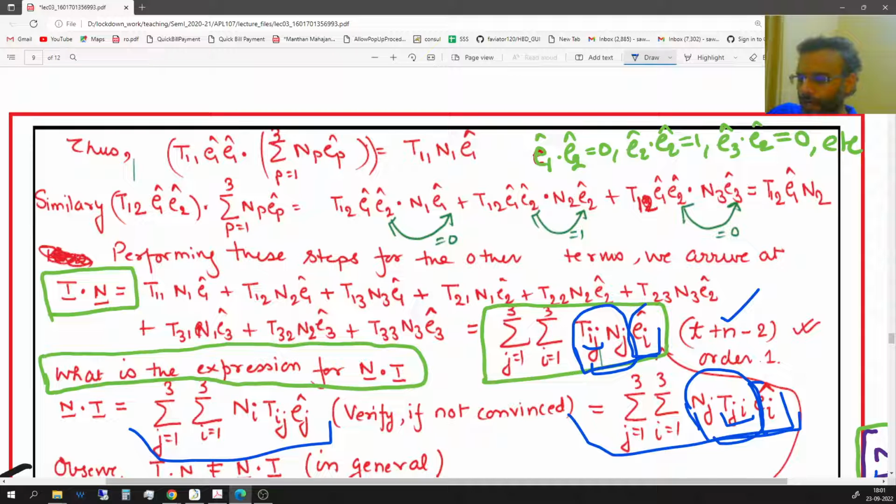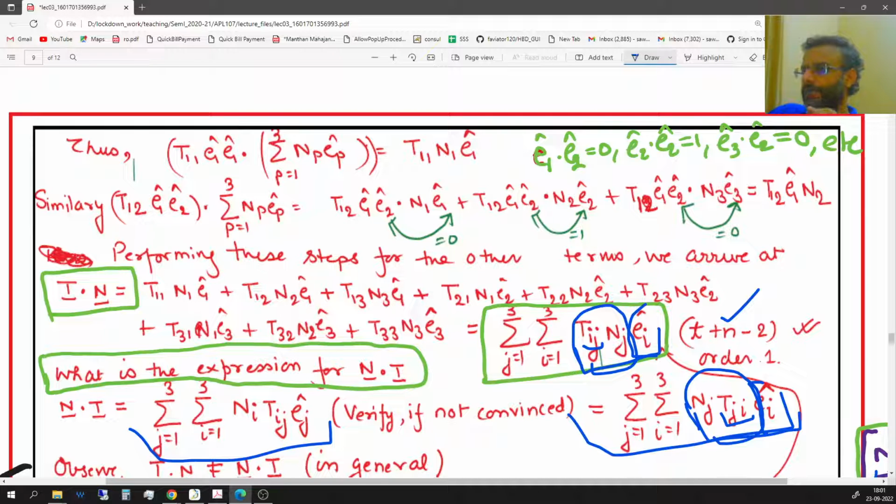And once you have all of them here, if you pay attention to the way their indices are changing, you can actually recognize a pattern and write this sum of nine terms in this compact manner using sigma notation. We will have two summations, one over i, another over j, and inside that summation I have Tij, nj, ei. So this is what T dot n looks like in Cartesian coordinate system.